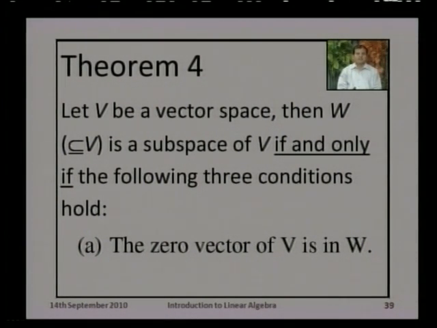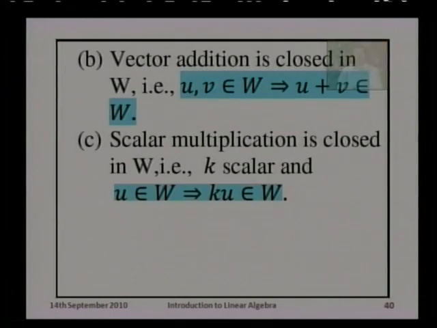Namely, the 0 vector of V should be in W, and if U and V are 2 vectors in W, then their sum also should be in W, that is U plus V also should be in W. That means vector addition must be closed, and similarly the scalar multiplication also should be closed.